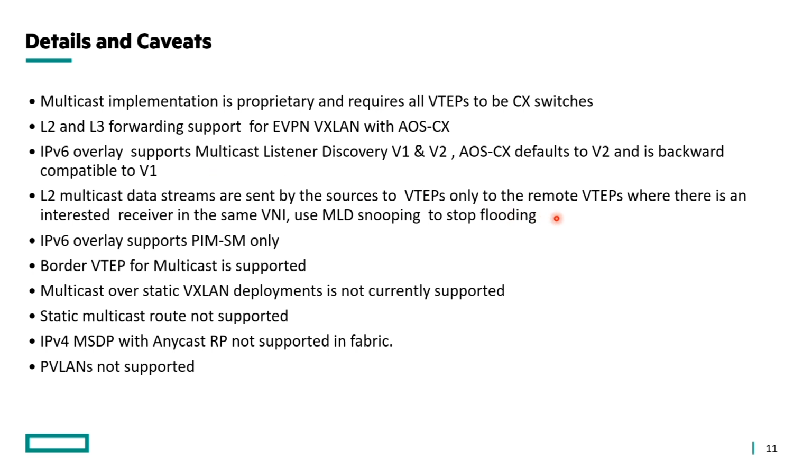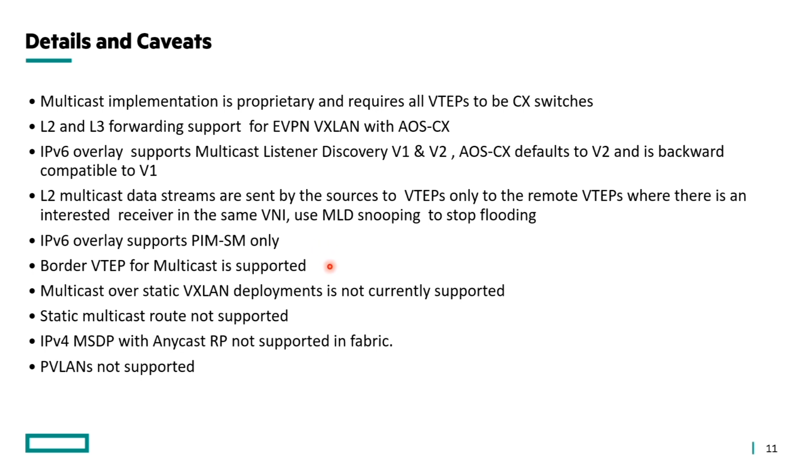So it's very important to understand that the layer 2 multicast data streams are sent by sources to VTEPs only to remote VTEPs where there isn't an interested receiver in the same VNI. We must use MLD snooping to stop flooding within that VNI. Our implementation supports only PIM sparse mode for IPv6.